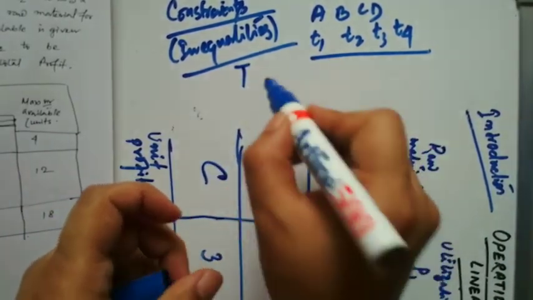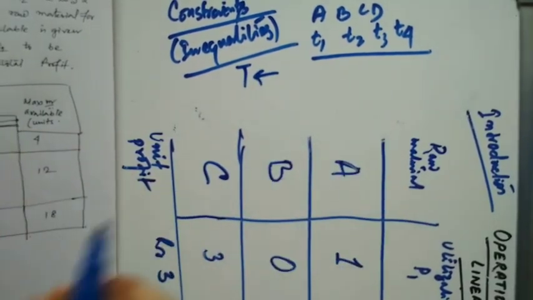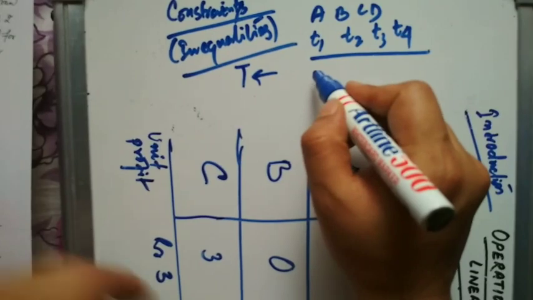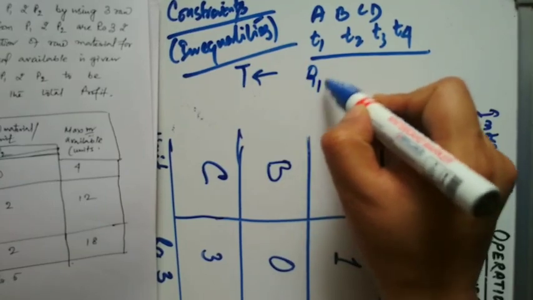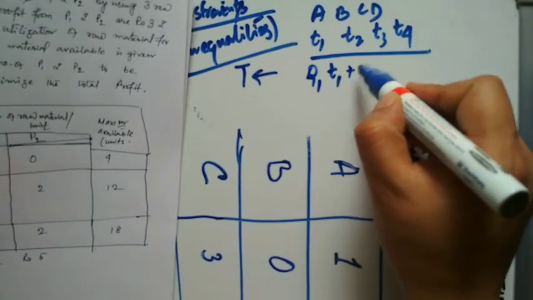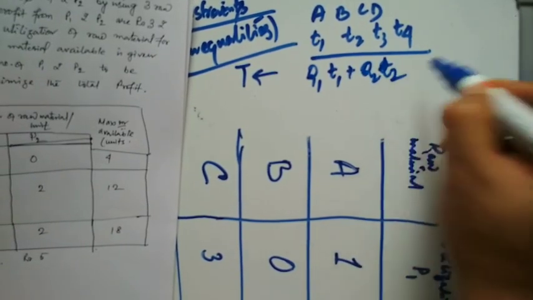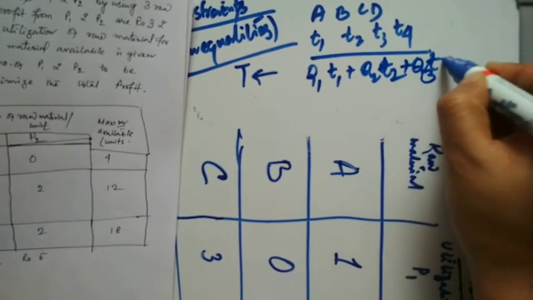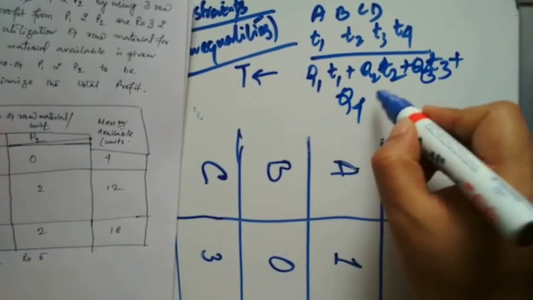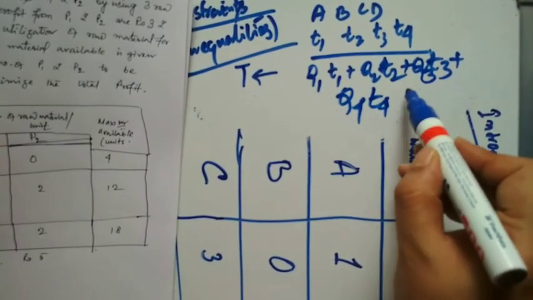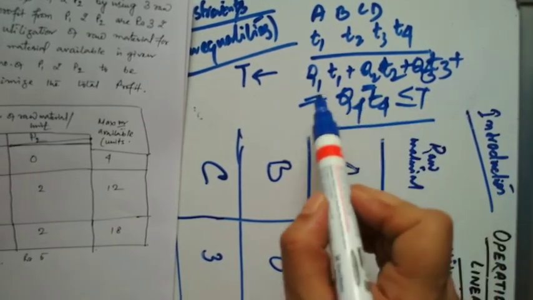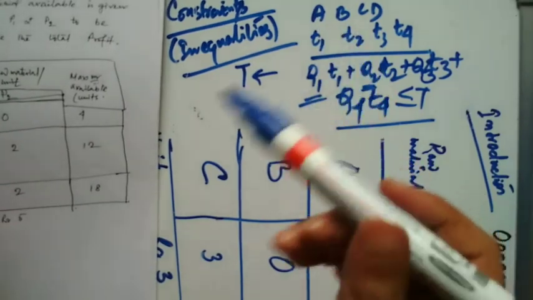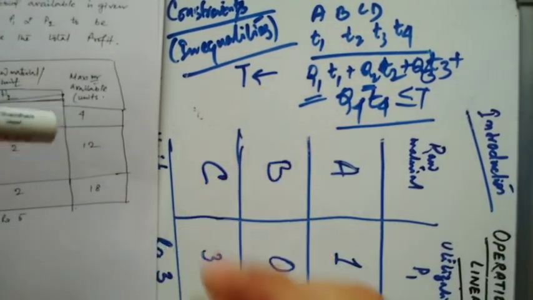Now this is a constant. Therefore, the term can be written this way: Q1 T1 plus Q2 T2 plus Q3 T3 plus Q4 T4, which should be less than or equal to T. And Q1, Q2, Q3, Q4 are the quantities produced for products A, B, C and D. So T is the maximum time you have.